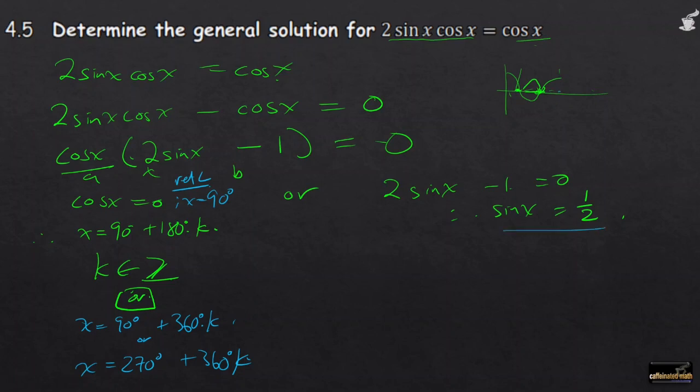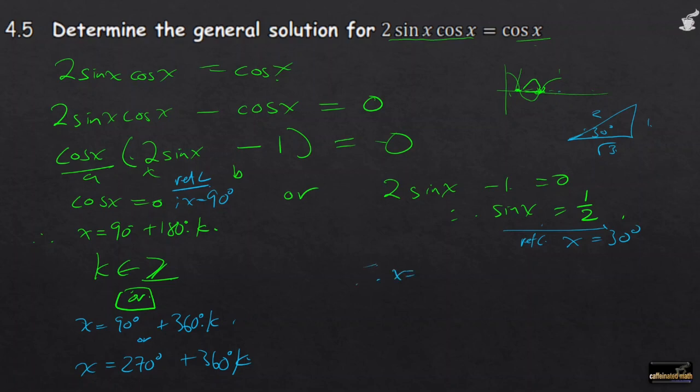Now, how about this? I think this can be handled by our special triangle, although nothing's stopping us from using a calculator either. So our reference angle over here would have x being equal to 30 degrees, and because it's positive, that would be a first and second quadrant solution.